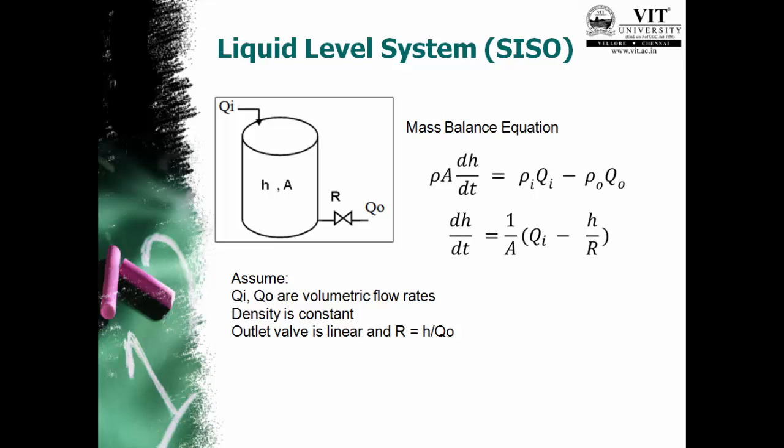And we are making a small assumption that the density is constant. So if it is a chemical involved, there may be variations in the density. Let us assume we are working with water initially, so we can take density changes are negligible. Right. Now we'll see how to develop the mathematical model for this.